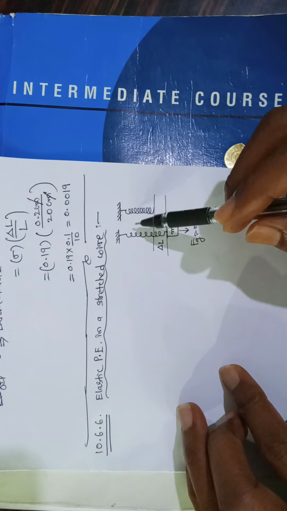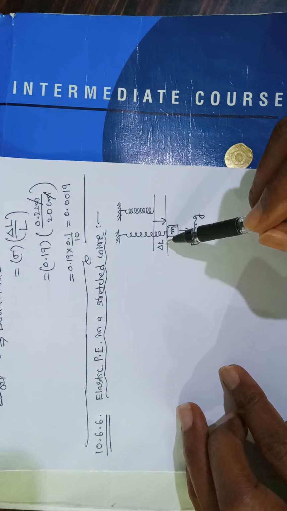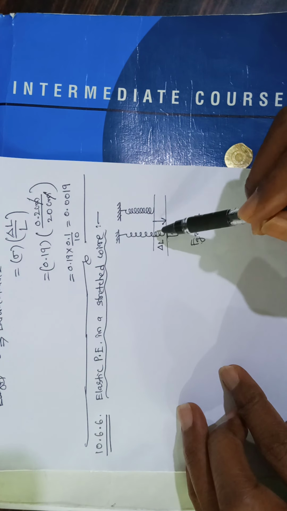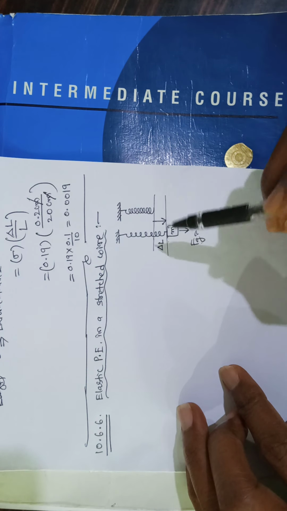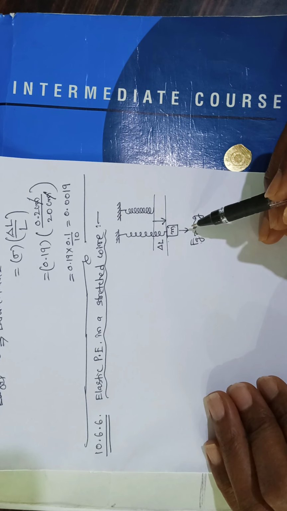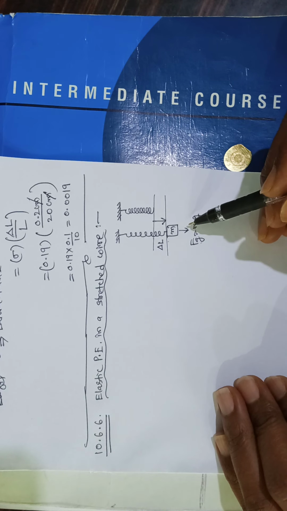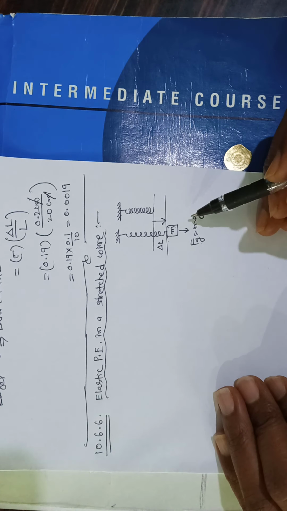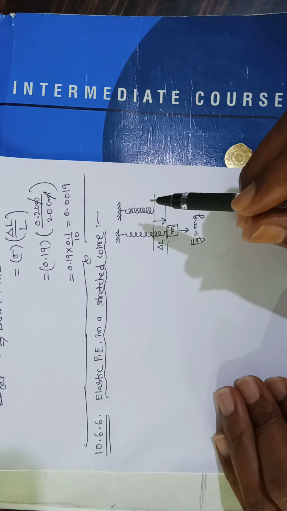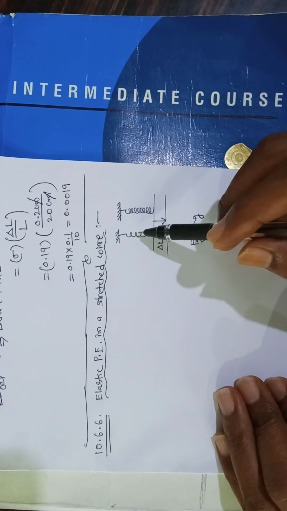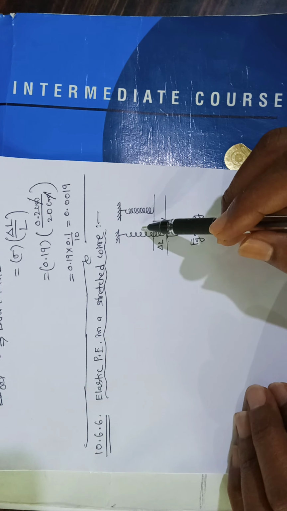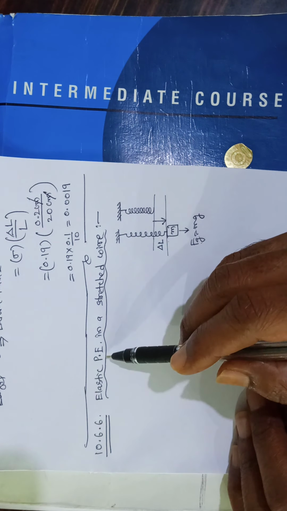In pulling the spring through some displacement, the gravitational force has done some work. The work done by the gravitational force is stored as potential energy inside the spring. So that potential energy is called either strain energy or elastic potential energy.